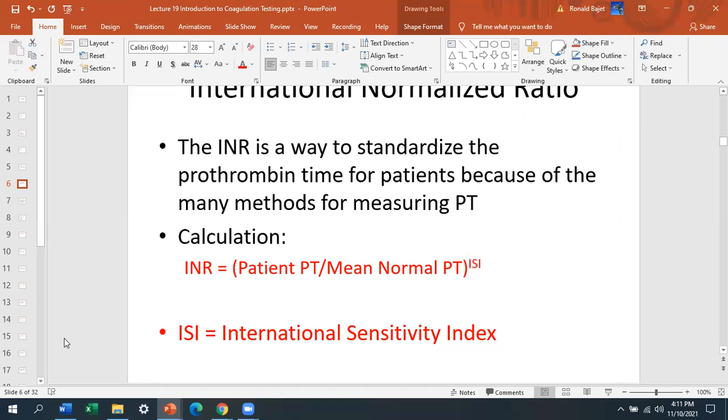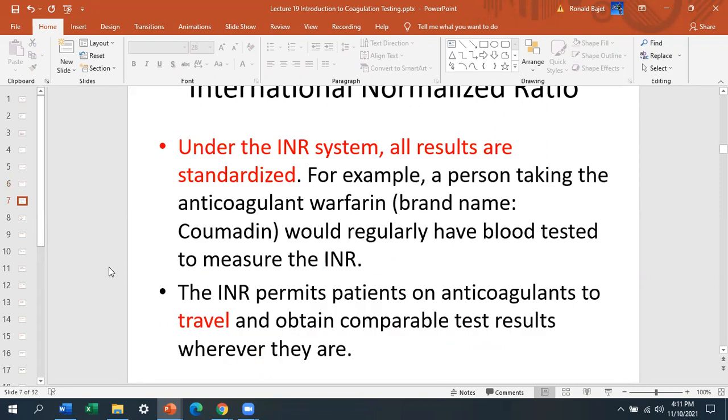Okay, so the ISI is the International Sensitivity Index, and ideally you want this as low as possible. The closer to 0, the closer the PT is equal to the INR. So it's the ISI on the reagent, and what's reported is the patient's INR. They don't report out prothrombin time so much anymore, because now the doctor wants to know what the INR is.